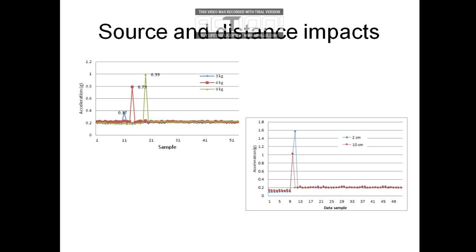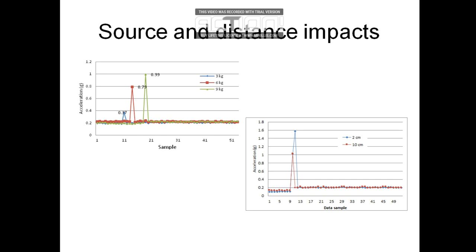Next, the impact of the source and distance can be seen from these pictures. The first one we see that the acceleration, the vibration, increases for the vibration source increment.